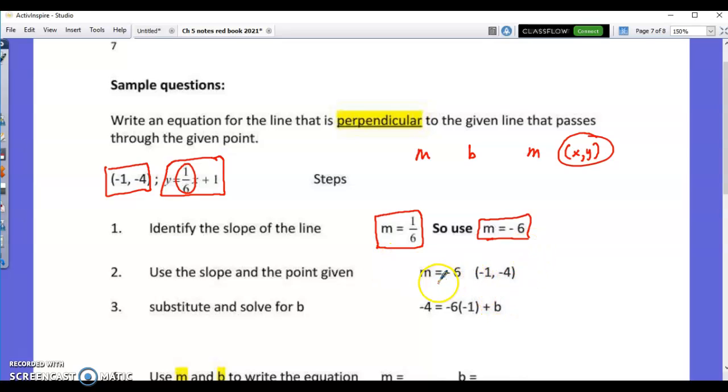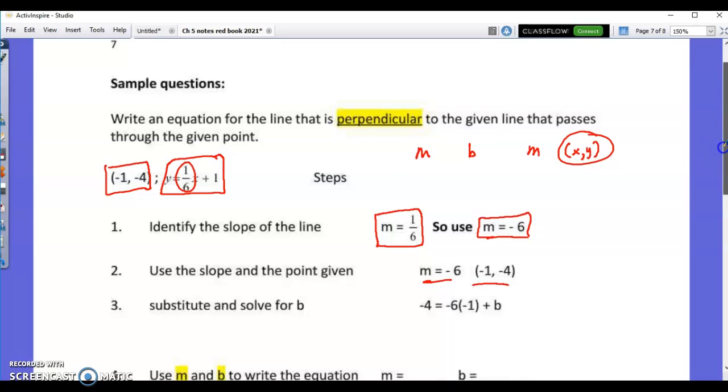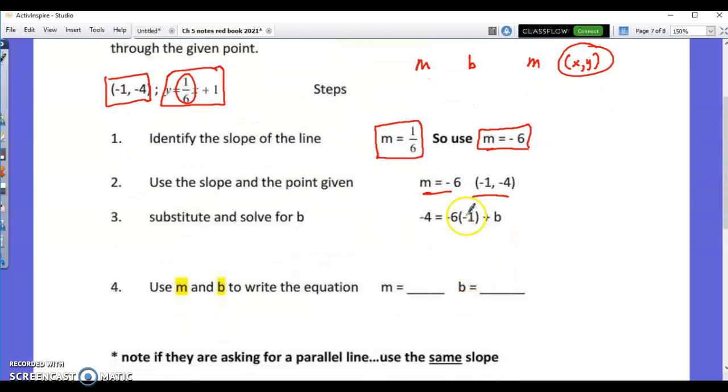Once we have that, we have our slope and our point, and we do what we did before. We just start writing the equation of the line. Remember, y equals mx plus b. We're solving for b now. We put in our y, we put in our m, we put in our x. -6 times -1 is +6. Subtract 6 from both sides, so we get -10 equals b.